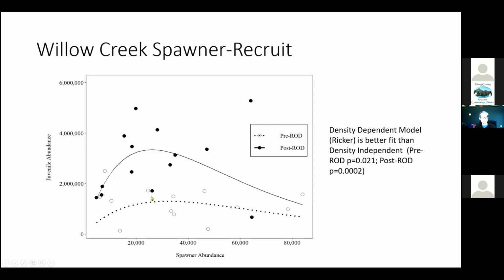So again, in a system that pre-rod was quite habitat limited, we would expect density dependent effects to kick in sooner than in a system where habitat is not limited.